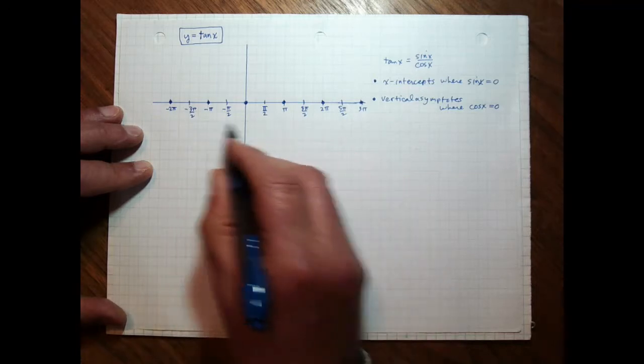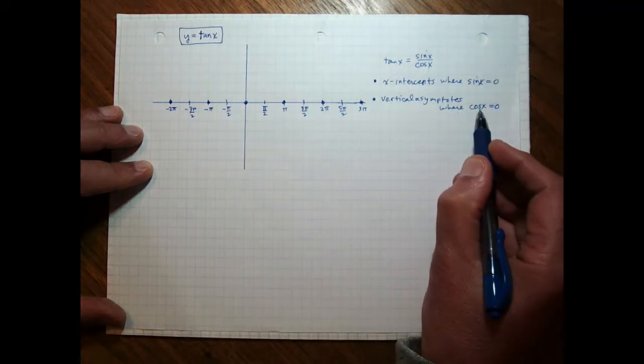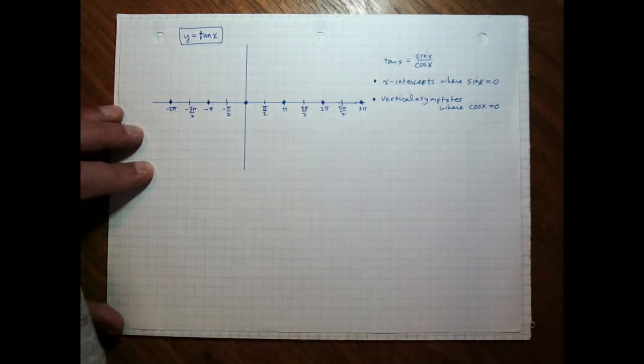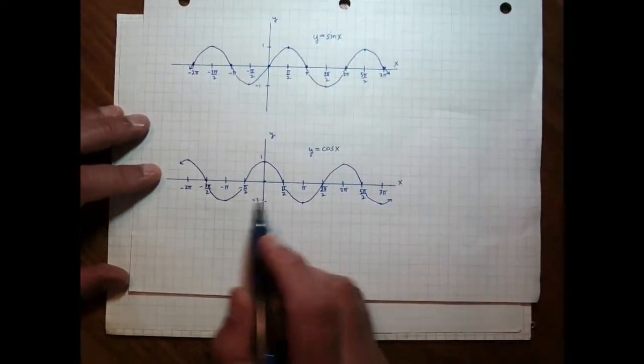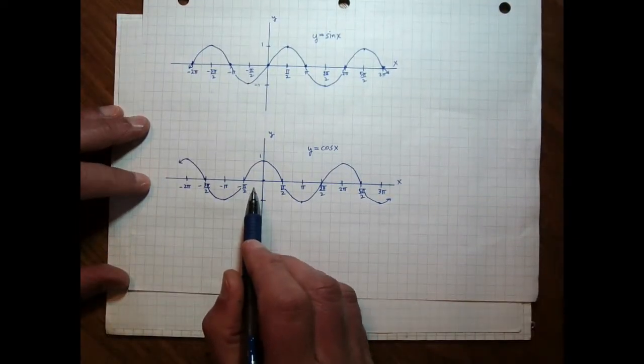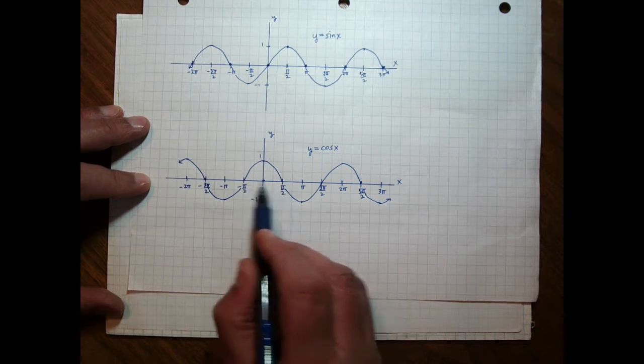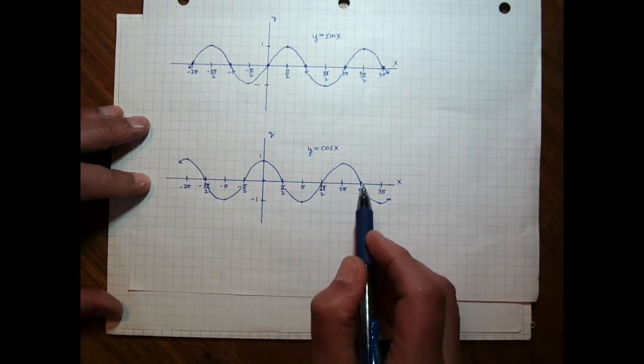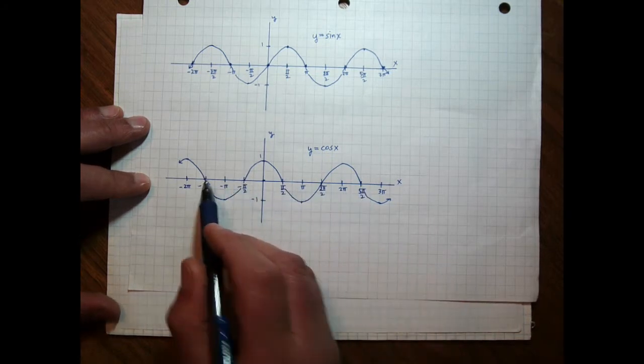I'm going to draw vertical asymptotes wherever cosine x is equal to 0. So if I recall my cosine function, cosine is 0 at pi over 2, 3 pi over 2, 5 pi over 2, and the negatives of those values.